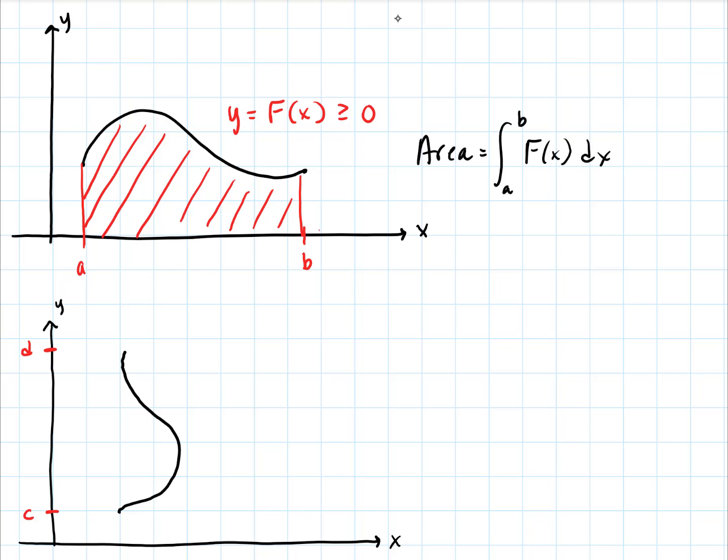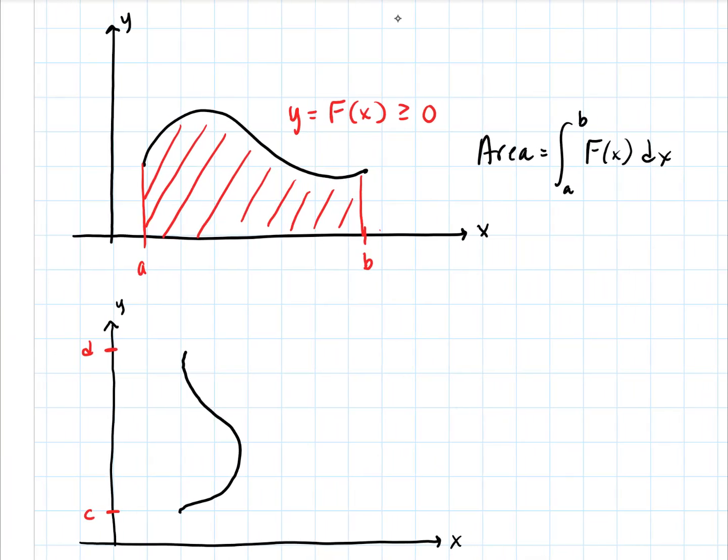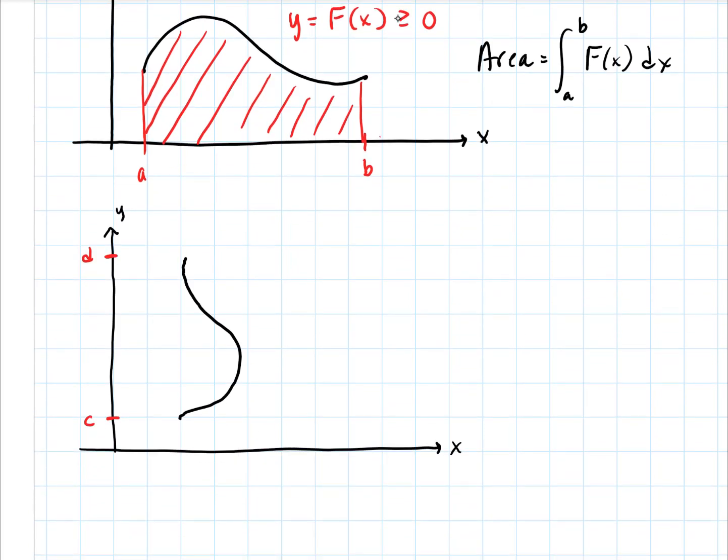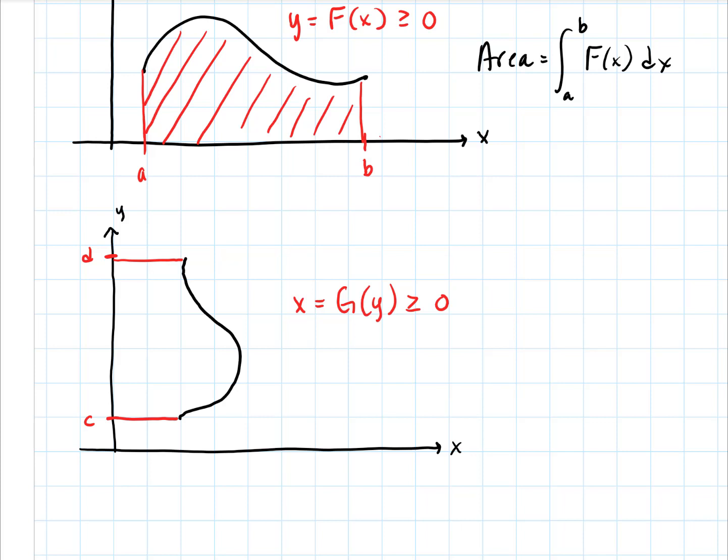Now, we also extended that and said, what if the curve was instead a function of y? We called it g of y. If that were the case, we could find the area from the curve. We kind of tilted, and I'm even tilting my screen sideways here to draw my area lines.